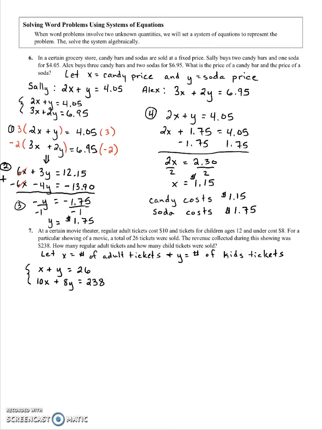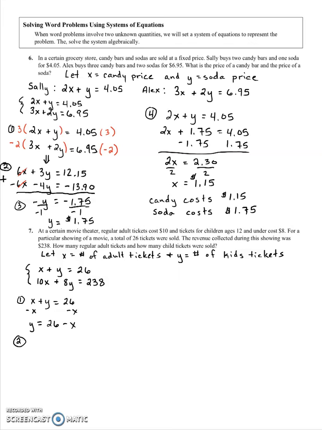So this one we could solve by substitution if we wanted to. So let's do this one by substitution. I am going to take x plus y equals 26 and solve it for y by subtracting x from both sides. So that gives me y equals 26 minus x.